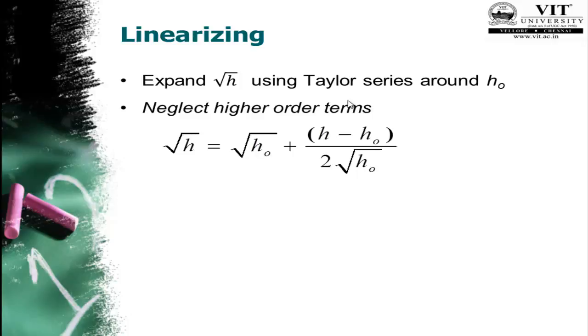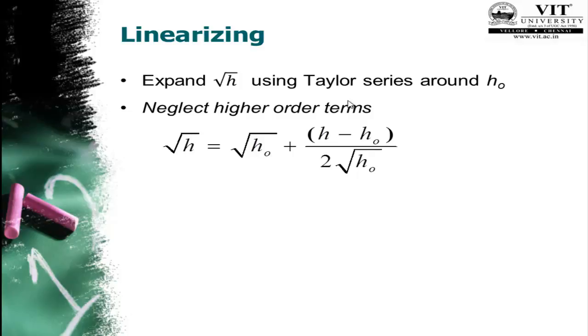After expanding using Taylor series around h naught, I'm getting a linear term. This h naught is constant. For example, if you are operating your tank at around 1 meter, all these h naught terms will be replaced by that constant. So this right hand side becomes a linear function, only a function of h.